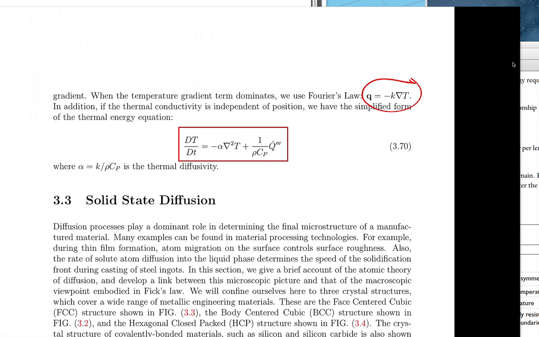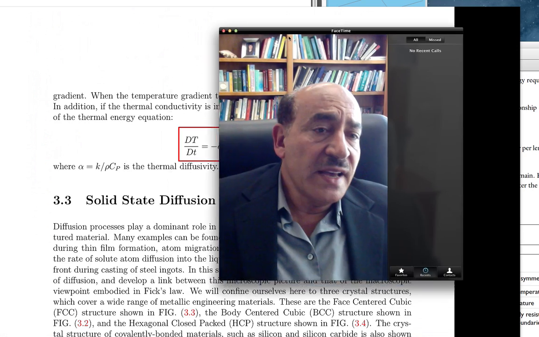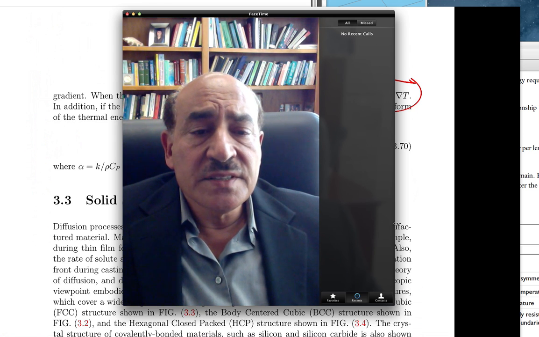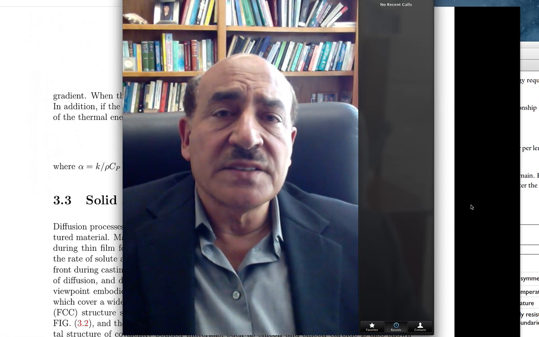Now that we have done that, I will make sure that we understand how to use these equations in practice.